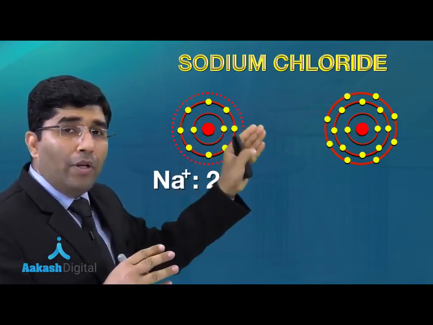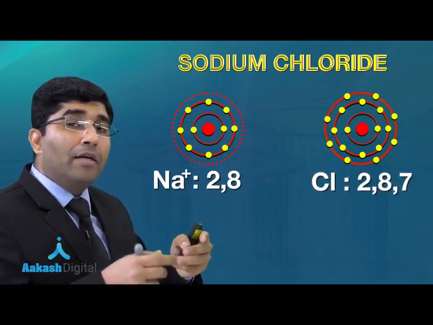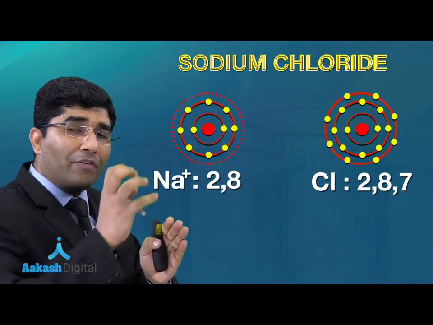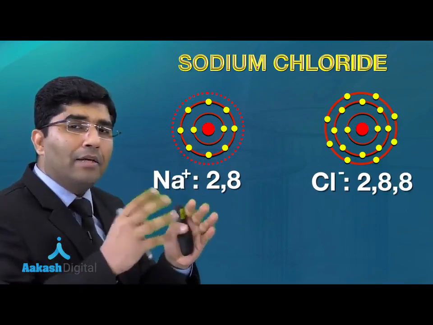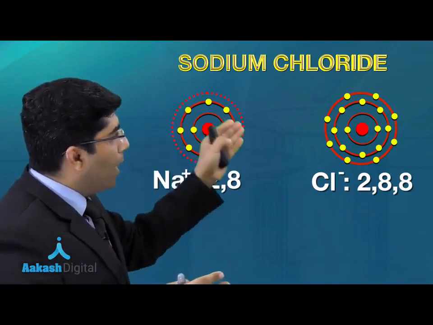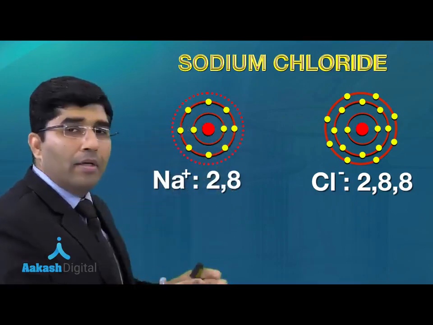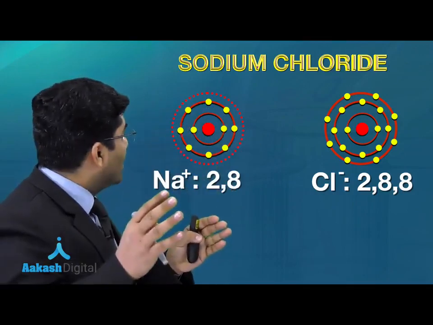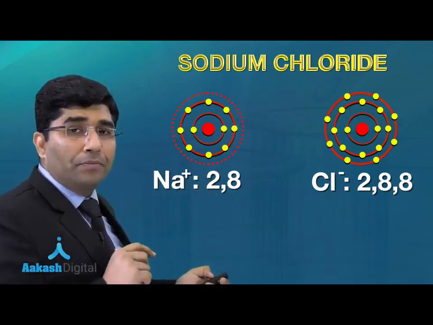Chlorine, which has the electronic configuration 2, 8, 7, after accepting the electron becomes 2, 8, 8, that is the configuration of argon, and it becomes the chloride ion, Cl minus. And this becomes Na plus, which has the neon configuration, right?